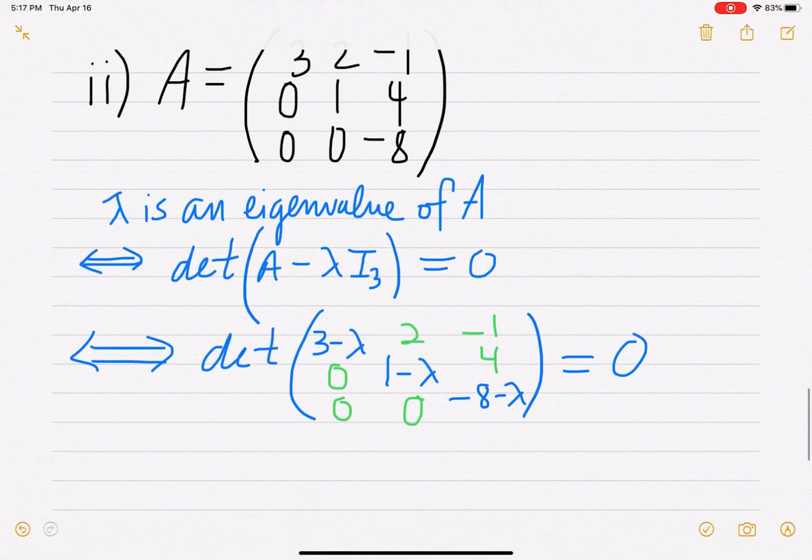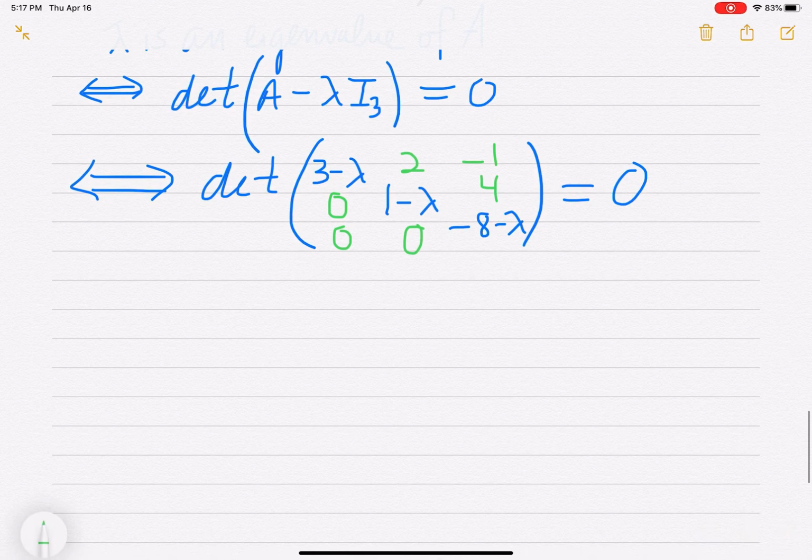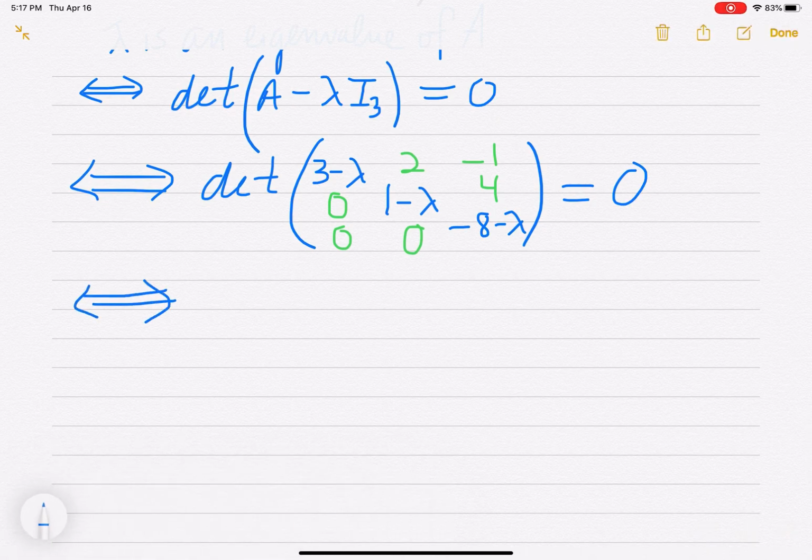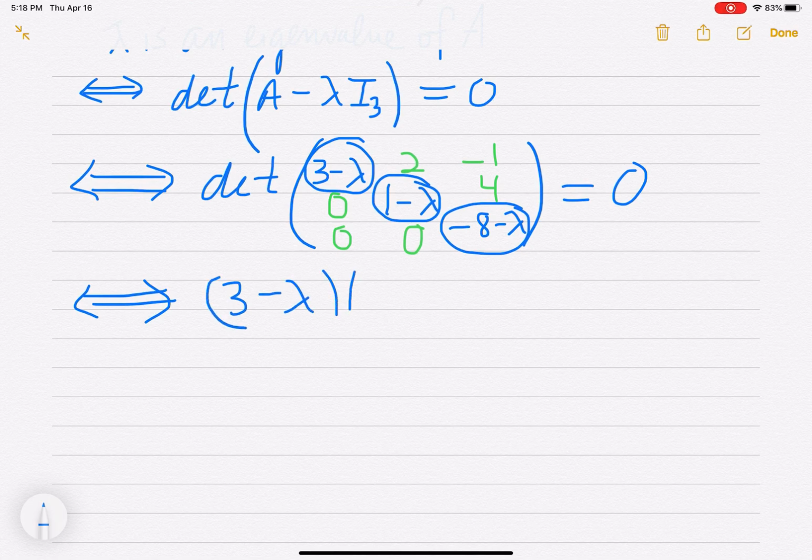Now, when we take the determinant of this one, it's actually a very nice determinant to compute. We know from determinants, right? We did determinants about a month or so back. When you have a triangular matrix, upper triangular, lower triangular, whatever, the determinant is just the product of the main diagonal. So we have 3 minus lambda times 1 minus lambda times negative 8 minus lambda.